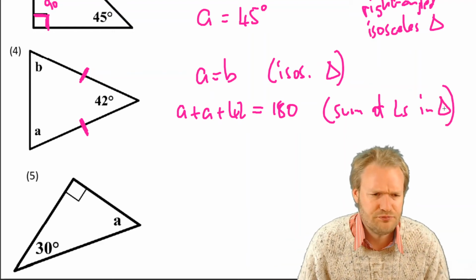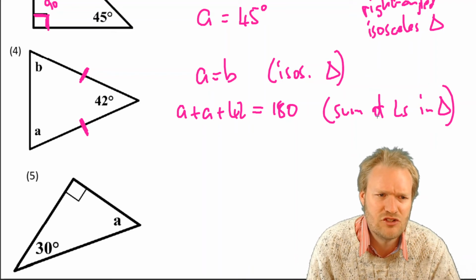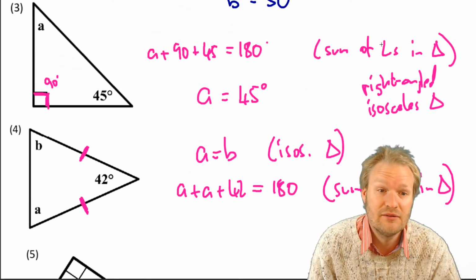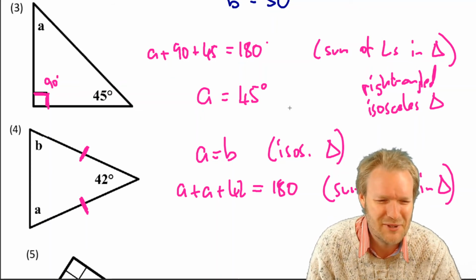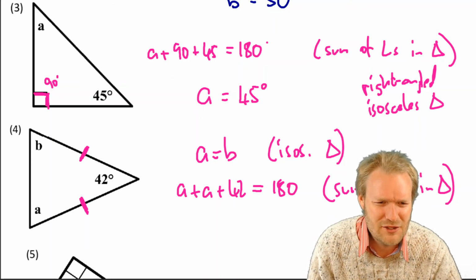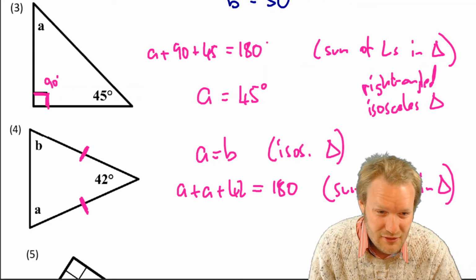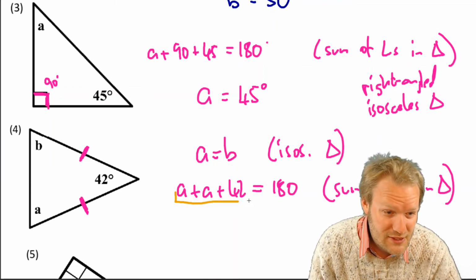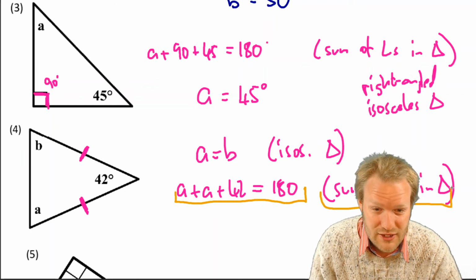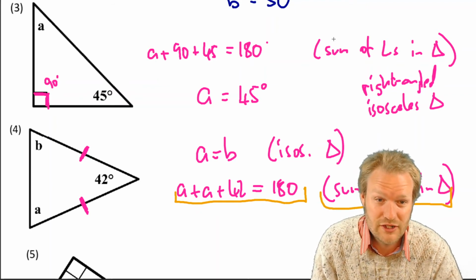So a question here. Why am I writing sum of angles in triangle when I wrote it up here? I'm writing it because this reason relates to this statement. When I make this statement, I've got this reason going for it, not the reason up top.